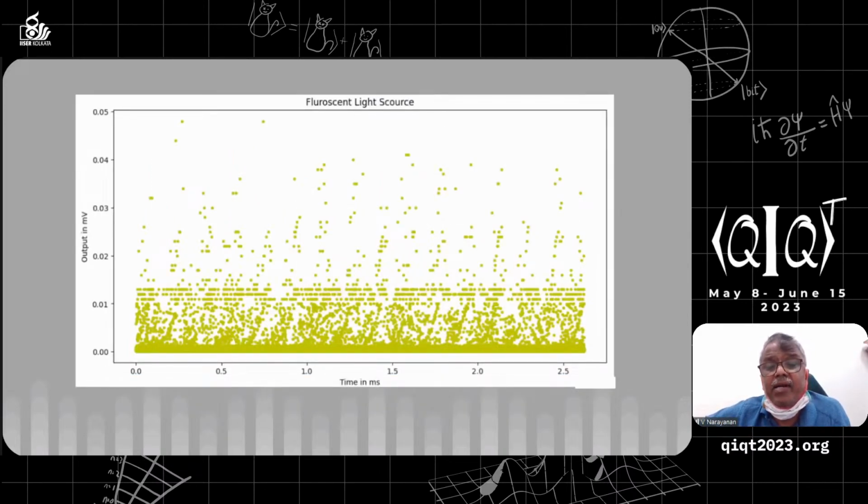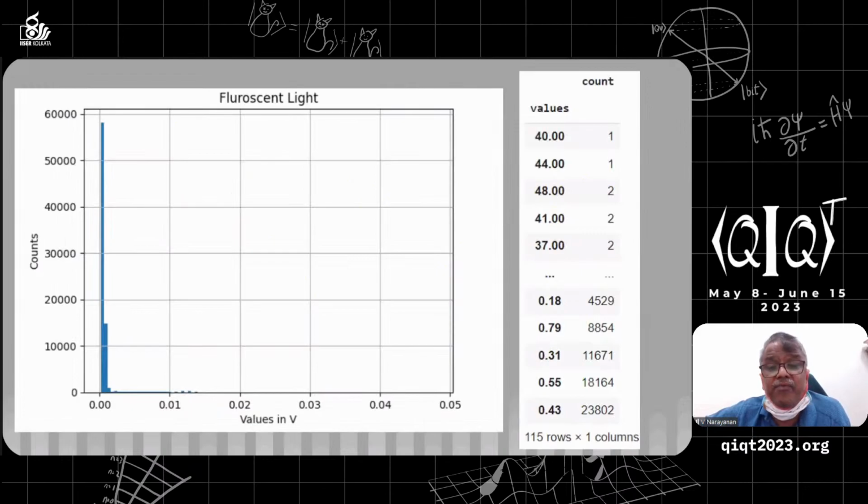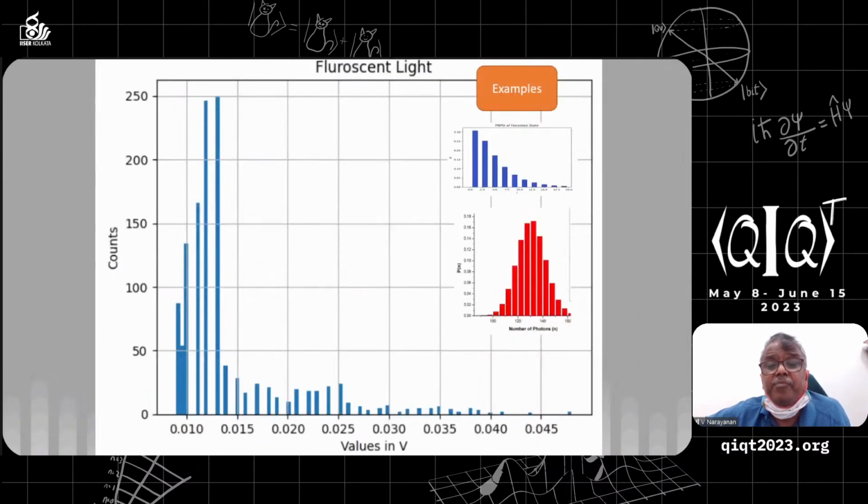So we acquired a lot of data, and here you convert this into pulse heights. After doing this filtering, you see the pulse height versus the number of events. This experiment is ongoing; it is not concluded. One would like to see whether the state you have generated is something like this, or some kind of Poissonian distribution, where the x-axis is the number of photons and the y-axis is the probability.